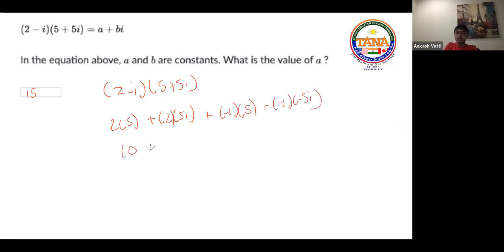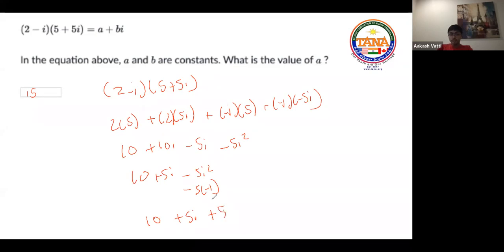So that's 10 plus 10i minus 5i minus 5i squared. So it would be 10 plus 5i minus 5i squared, but i squared is just negative 1. So you have negative 5 times negative 1. So you have 10 plus 5 and then you have 15 plus 5i.